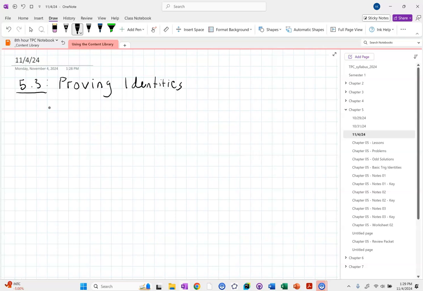Now calm down, all of you that are having post-traumatic stress memories from geometry. It's not the same. It's not two column. In all reality, this is not going to be appreciably different than what we've been doing in section 5.1.